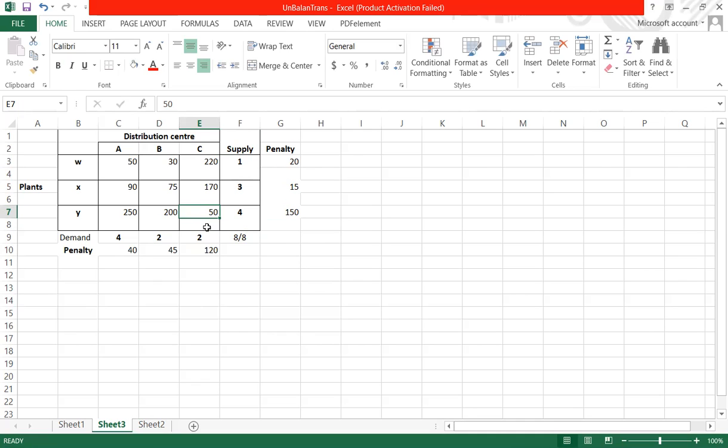Now we allocate the number of units. So we have allocated 2 because the demand is of 2 only. And then we will update the supply.